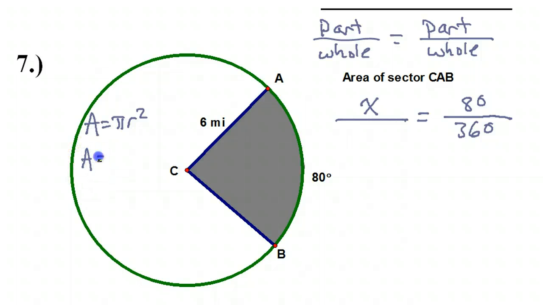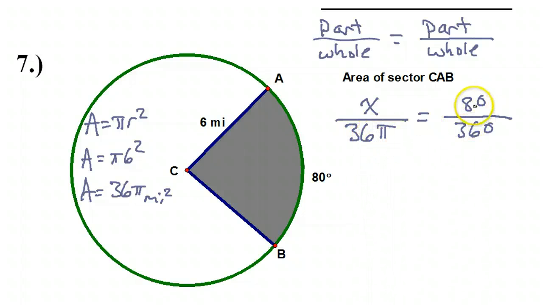So that is going to be pi times 6 squared. So that is 36 pi square miles. Alright, so the area of the entire circle is 36 pi. So that's why that is going to go here. Alright, part over whole. This is the area of the whole circle.